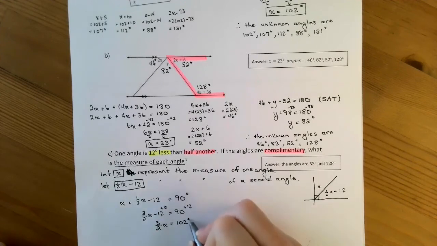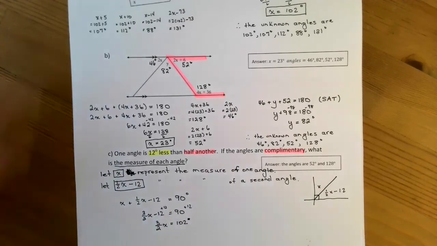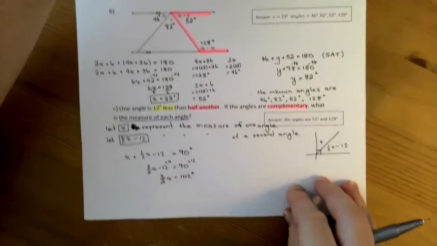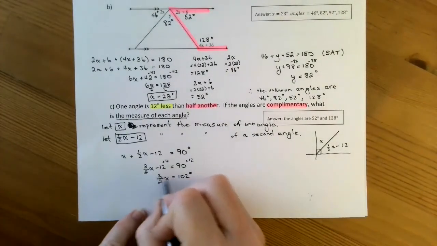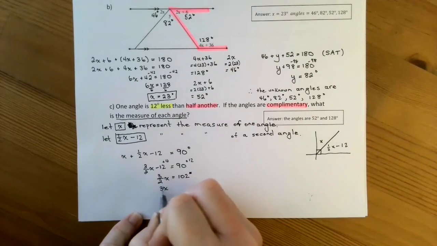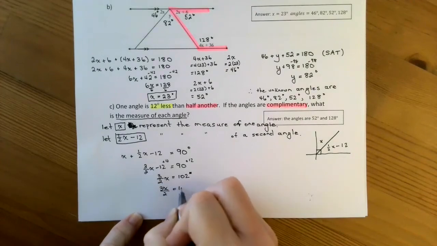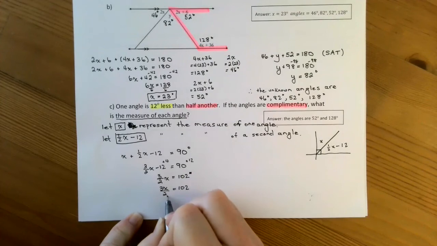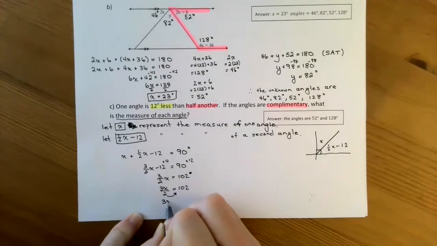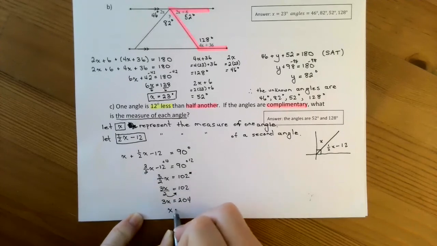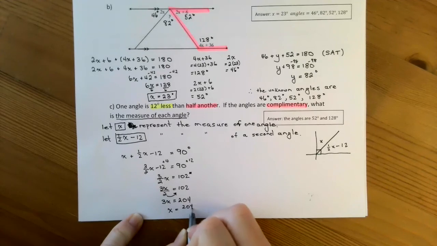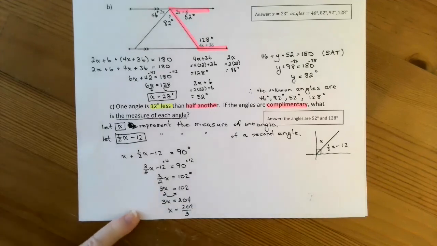If you remember, it's like 3x over 2 is equal to 102. Now I'm going to take this 2 to the other side. So I have 3x is equal to 2 times 102, which is 204. And then x is equal to 204 over 3.